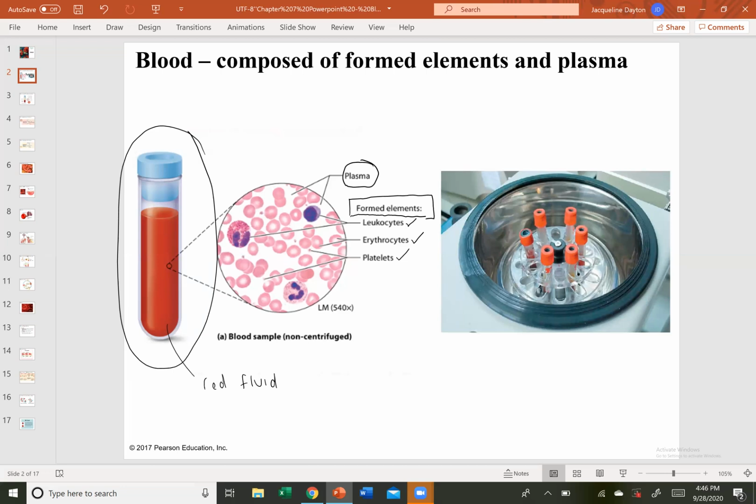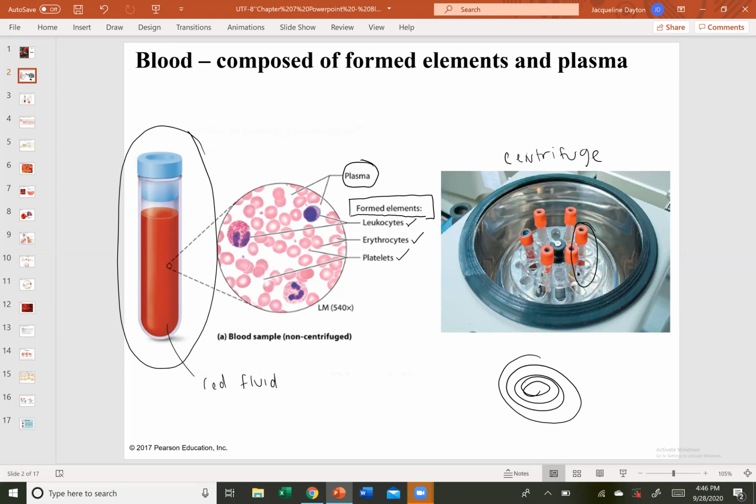In order to visualize what the different components are of whole blood, you need to introduce this blood tube into a centrifuge, which you can see right over here to the right. Okay, so what does a centrifuge do? A centrifuge, you can put a blood sample right into this little machine, and it's going to spin it around and around and around and around really, really fast.